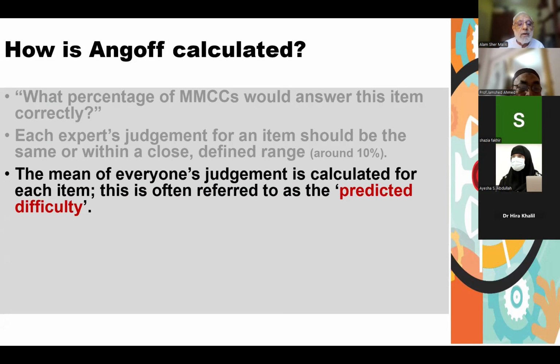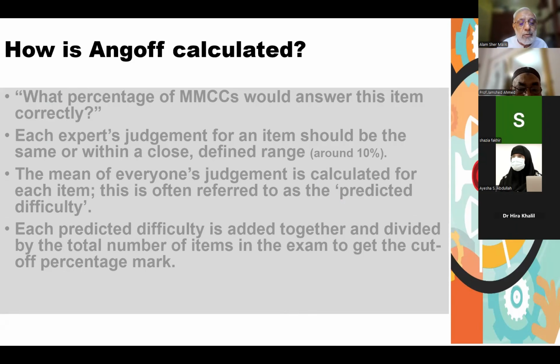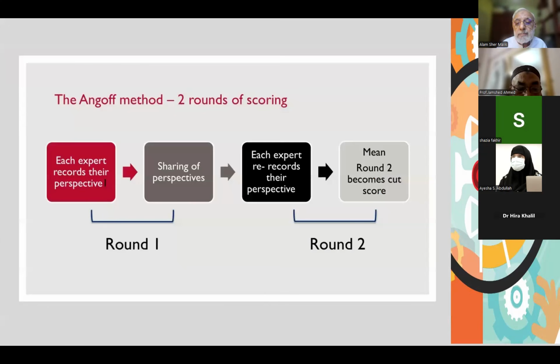The mean of everyone's judgment is calculated for each item, and this is often referred to as predicted difficulty, the average of each item. Then we take the average of all these averages to come to the pass mark, which I have shown you earlier as well.